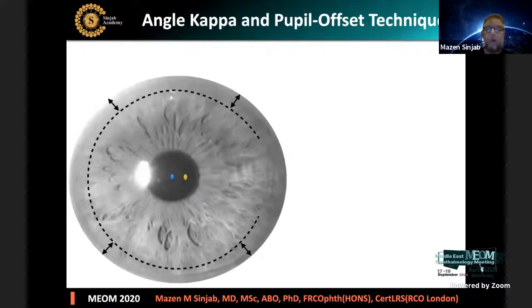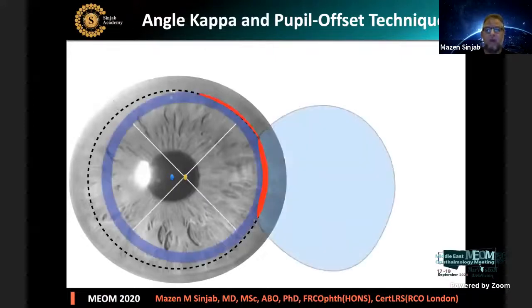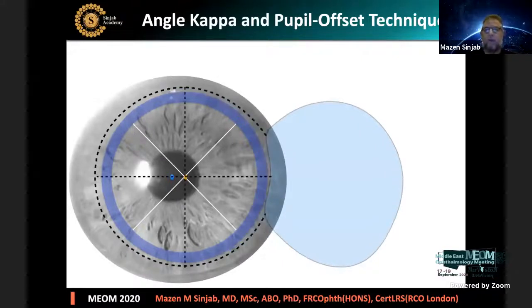But this is wrong if we are doing the recentration of the laser profile, because if we cut the flap in the usual manner, then there will be ablation on the hinge and ablation out of the bed, which will induce irregular astigmatism and will induce epithelial ingrowth in the future. So this is why we need to recenter the flap.